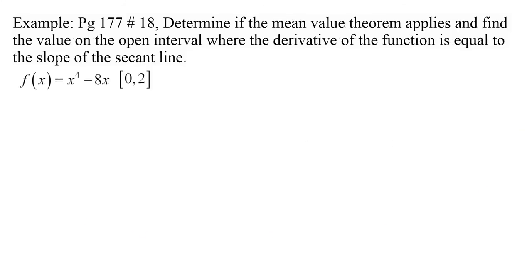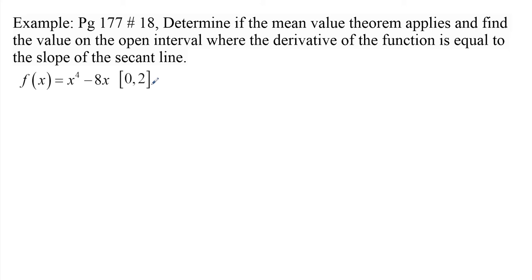Okay, so let's try one for the mean value theorem. The mean value theorem is a little bit tougher. And so we look at this particular function here, and certainly this function is continuous over 0 to 2.